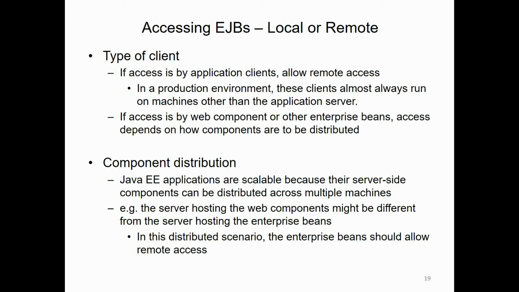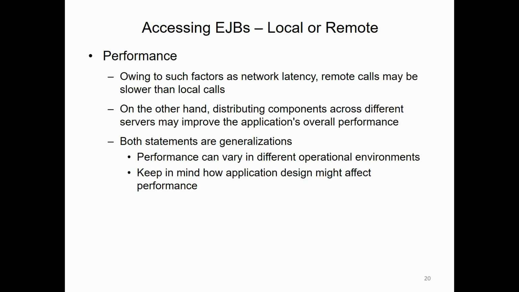If you're distributing your components across different machines, you will need to make use of the remote interface, whereas if they are clustered on the same virtual machine, then you could use the local interface. And the idea of performance between the two really hinges around factors such as network latency. It's very likely that remote calls are going to be slower than local calls.